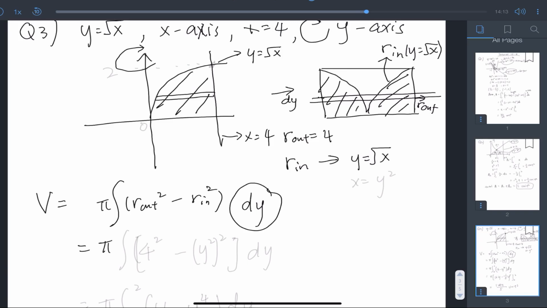So here we got this. R out is 4 squared, and r in we have to make a function of y. From here, x equals y squared. So r in is equal to y squared, and then you have to square this once again.